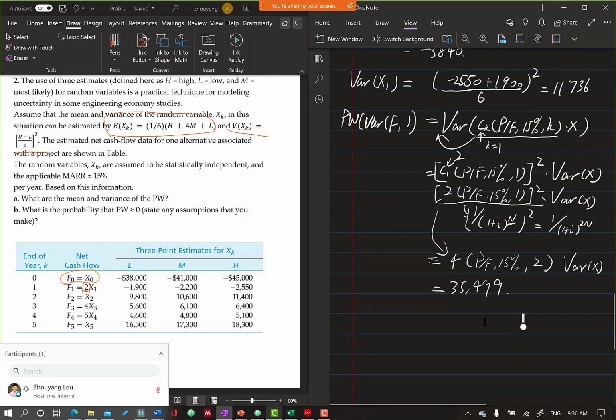So to ease the confusion here, why we are doing variance, we put in this factor inside this variance expression. We're not doing that in the expectation.